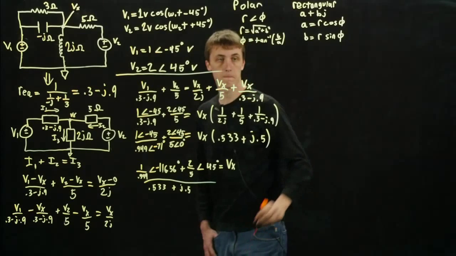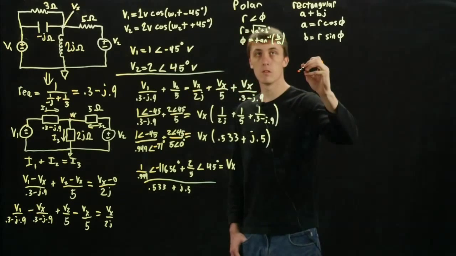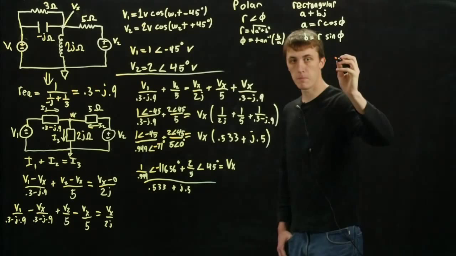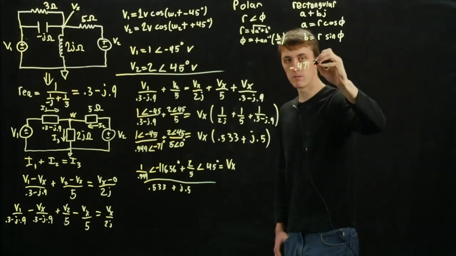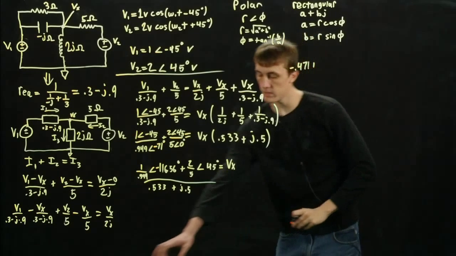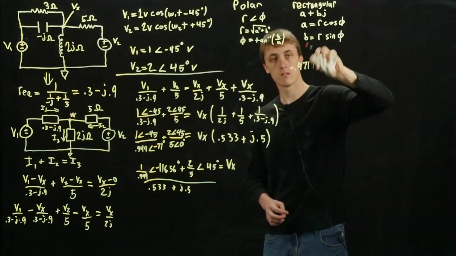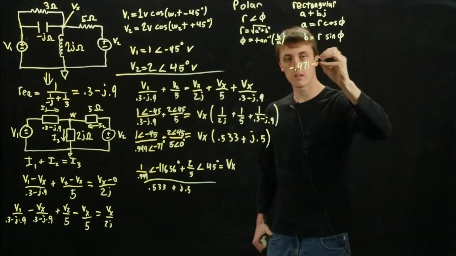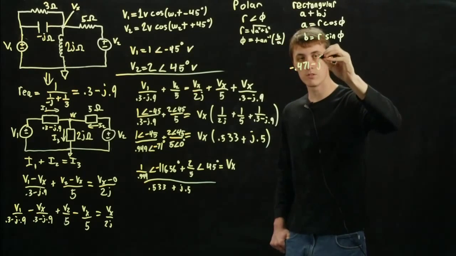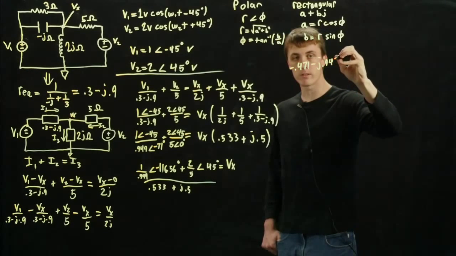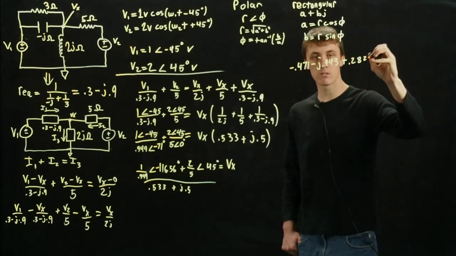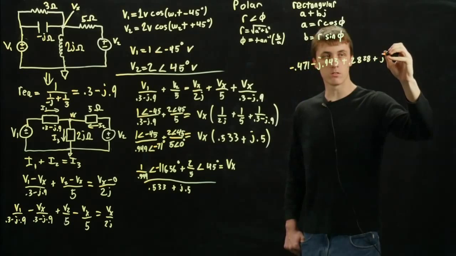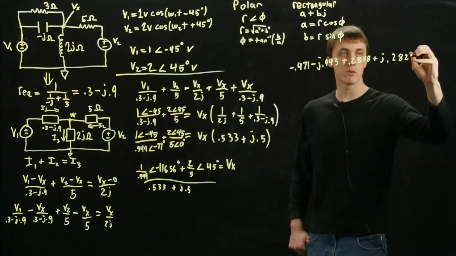So we'll end up getting negative 0.471, actually minus, not a plus, a minus j 0.943 plus 0.2828 plus j 0.2828.